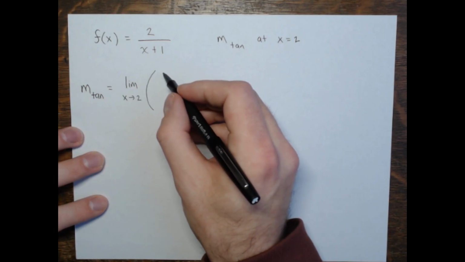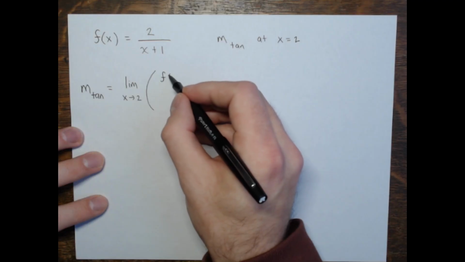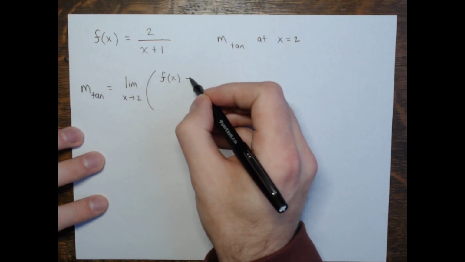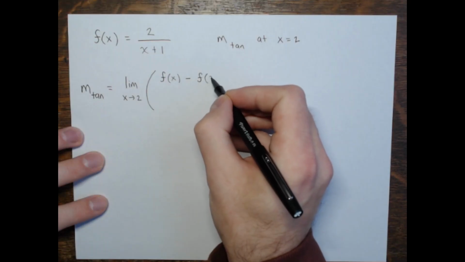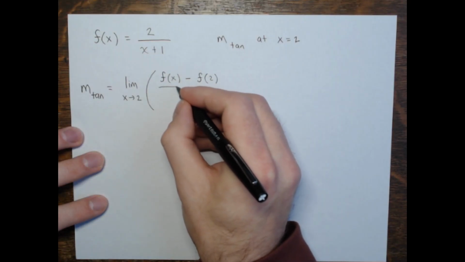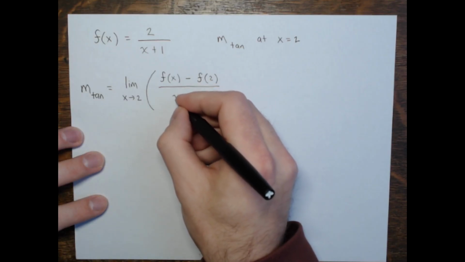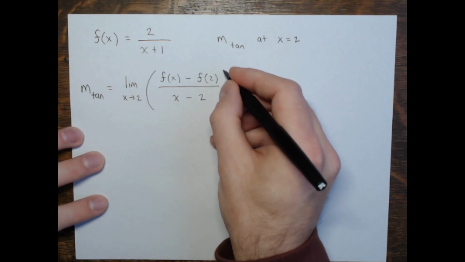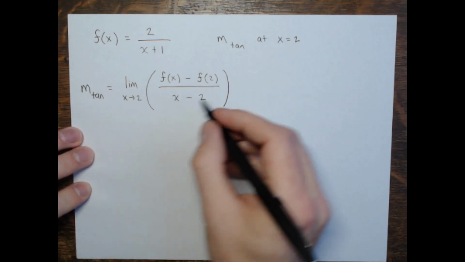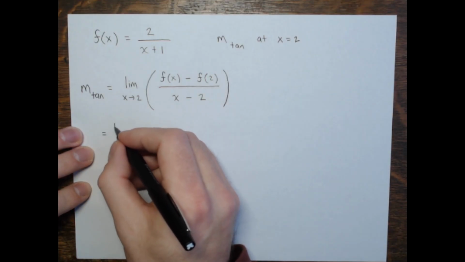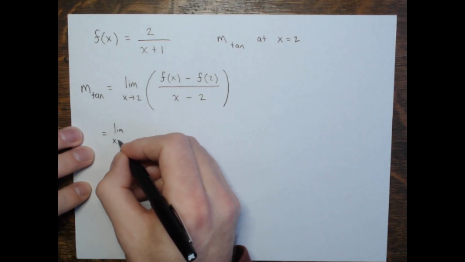So the rise would be the value of f at that x minus the value of f at 2. That's the change in the y coordinates, divided by the change in the x coordinates, x minus 2.